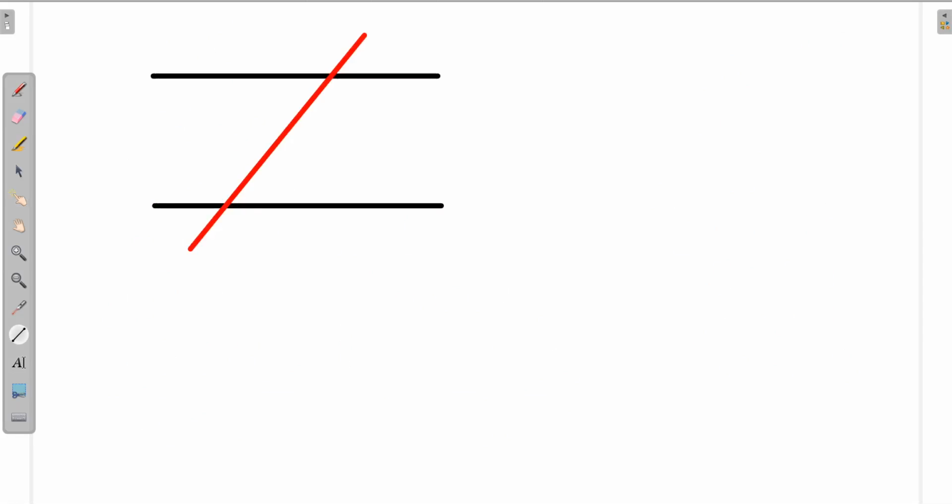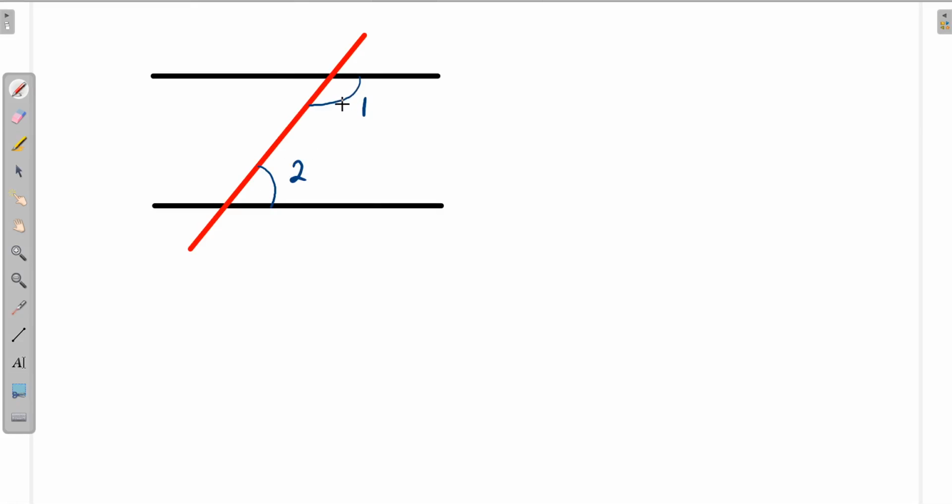Now we have to talk about the co-interior angles. Now we will learn about the co-interior angle. So here the lines are made. These are the co-interior angles. This is angle 1 and this is angle 2. Angle 1 and 2 are the co-interior angles.